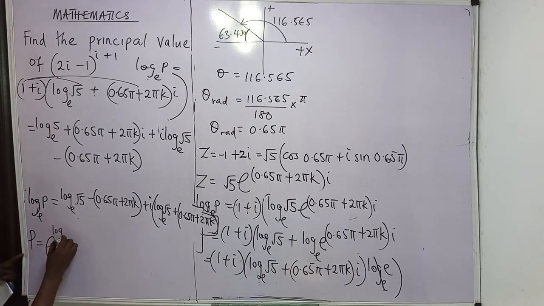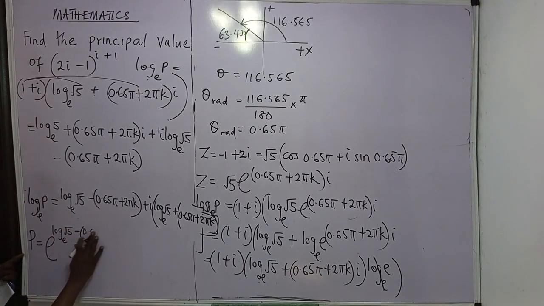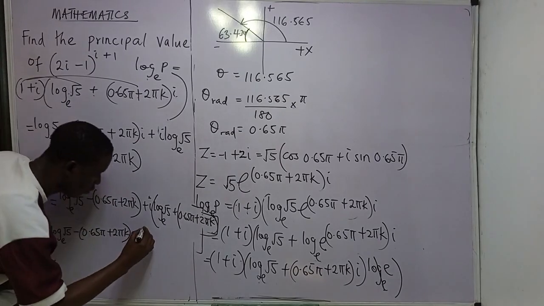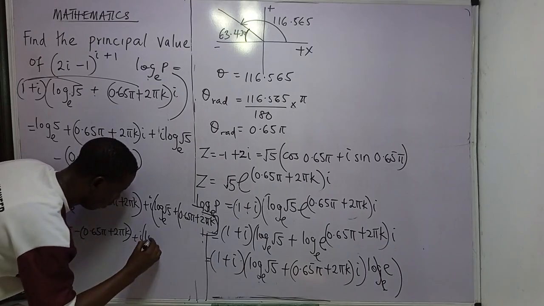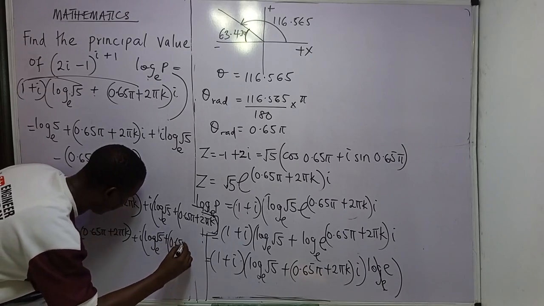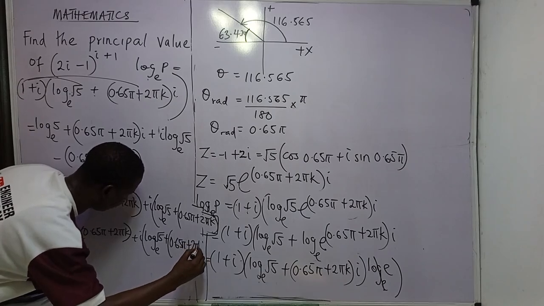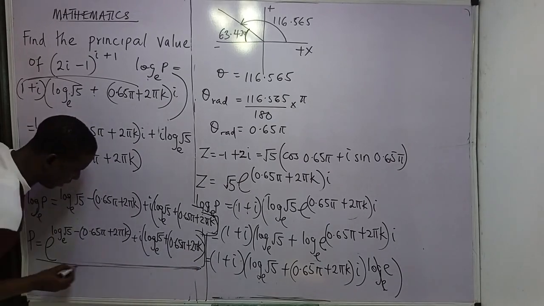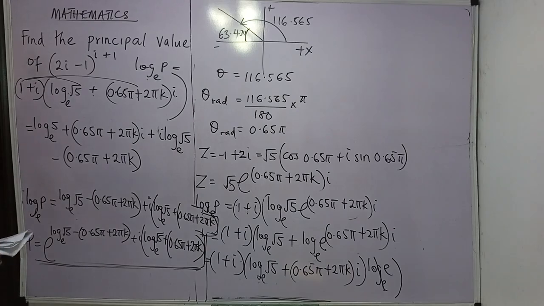Exponential of log to base e to square root of 5 minus 0.65 pi plus 2 pi k, plus i, open bracket, log to base e to square root of 5 plus what? 0.65 pi plus what? 2 pi k. So that will be our answer to that question. So it now depends on what we are given. So that will be your answer to the question.